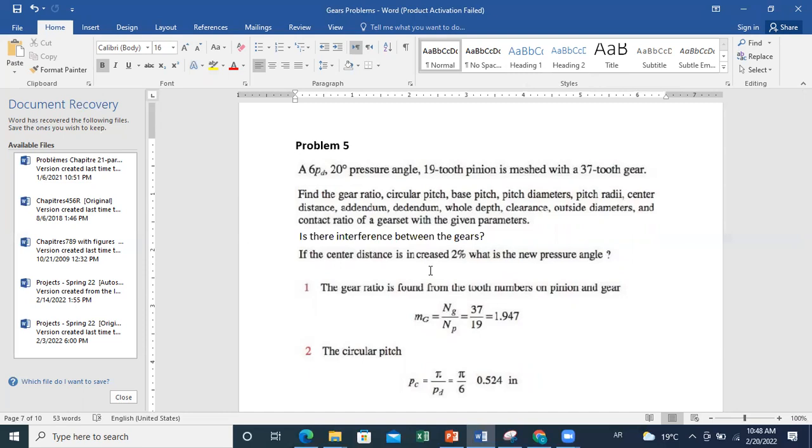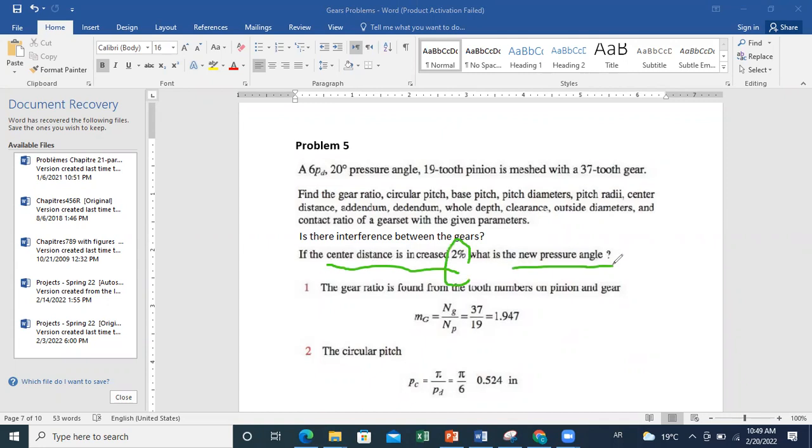But sometimes, because of assembly errors, you might have some deviation from the required values. This is why one possibility is to have an increase in the center distance while you need another distance. So to know what will be the effect if we have a small assembly error, or if we change the center distance for a certain reason, increased by 2%, what will be the effect on the pressure angle?